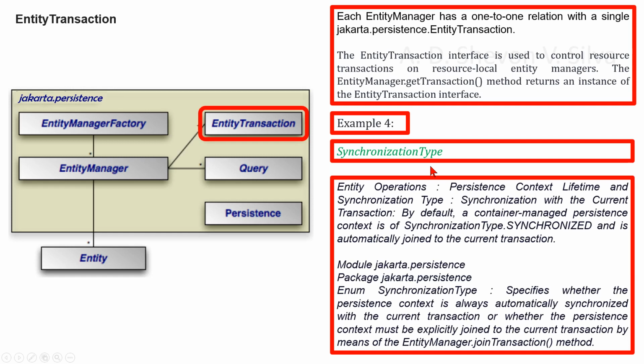A persistence context of synchronization type UNSYNCHRONIZED will not be enlisted in the current transaction unless the EntityManager.joinTransaction method is invoked.